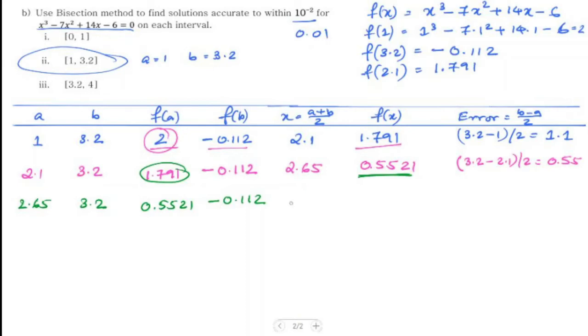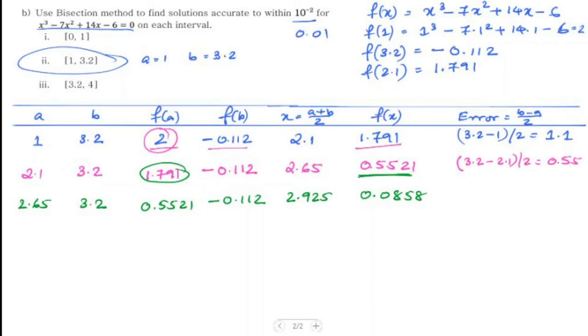And what would be the value of x right now? We have 2.65 plus 3.2 divided by 2. That will give us 2.925. Putting that value inside the function will give us 0.0858.